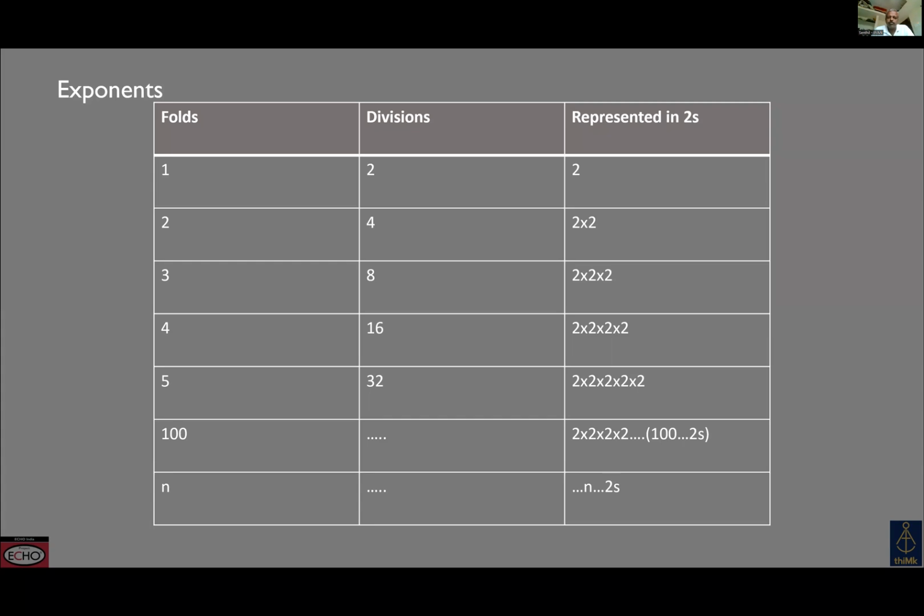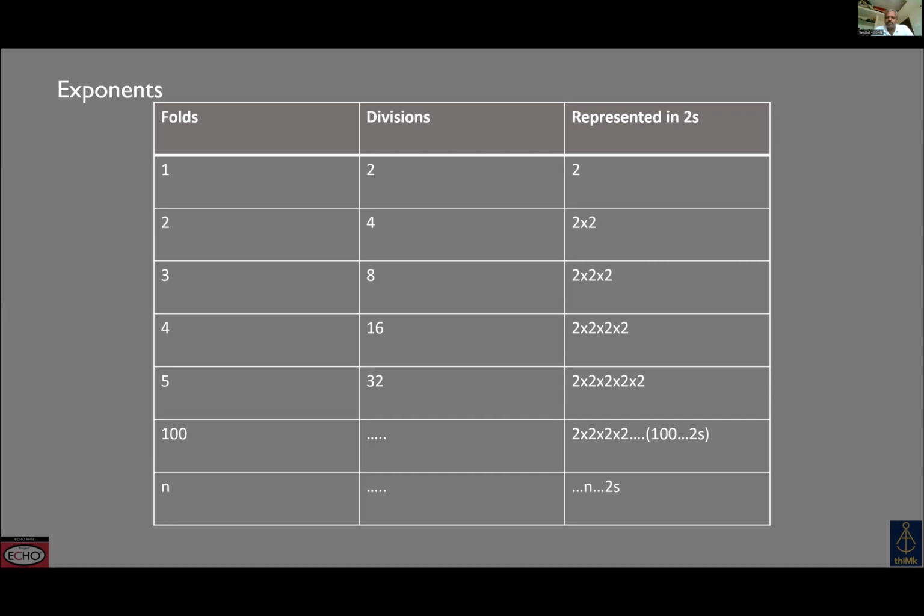For the first fold, we got 2 divisions, which is just 2 or 2 to the power 1. And if we look at all of them, for 100 folds, you would have got 2 power 100 divisions. So that's what it means. Now, as we have represented in twos, we go to the next step and write it into the exponents itself.